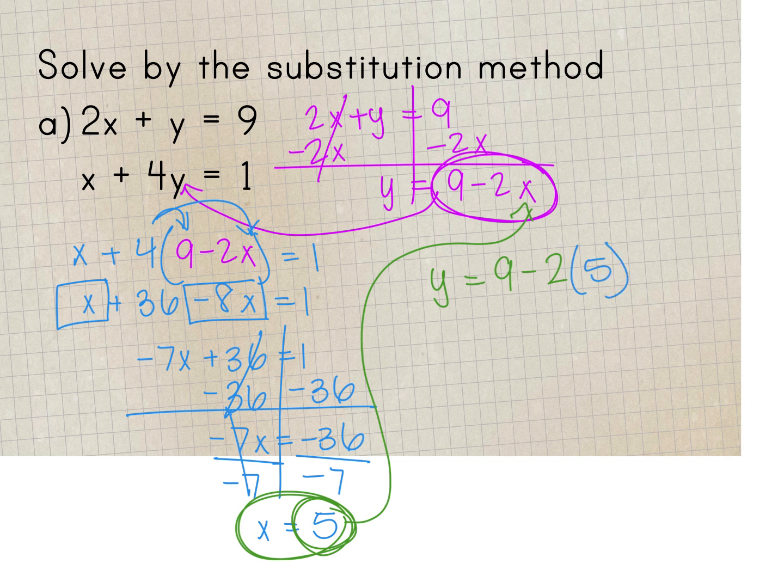And then I'm solving for y. Y equals 9 minus 10. I don't have to add it to both sides. I'm just going to solve this, and y is going to equal -1. So my answer is my ordered pair, which is 5, -1.